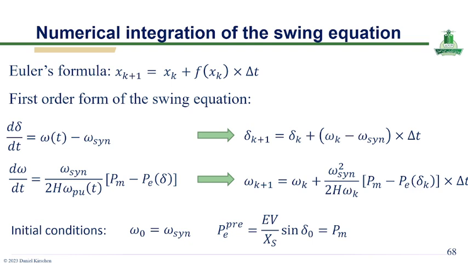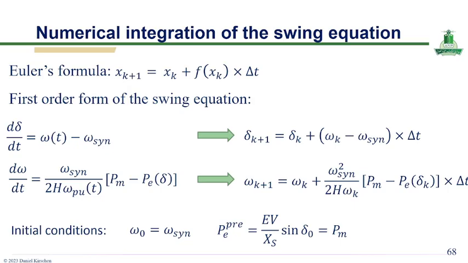So this slide presents the numerical integration of the swing equation using the Euler method. First, the Euler formula is introduced as a simple technique for solving differential equations step by step over small time intervals.